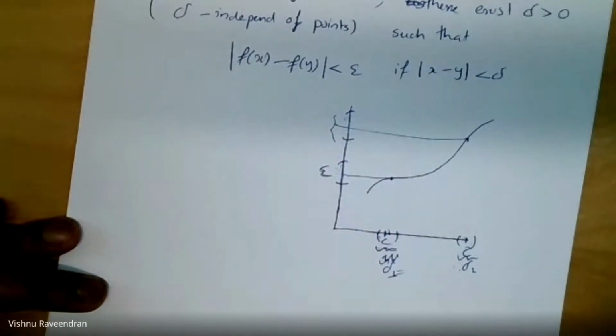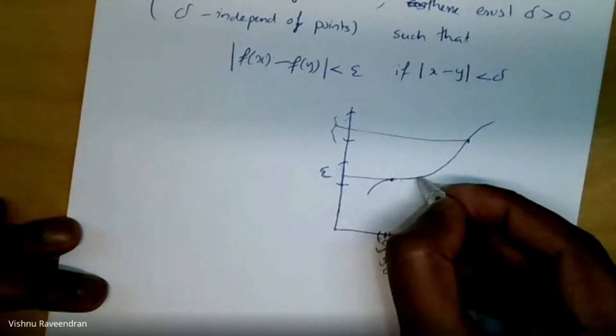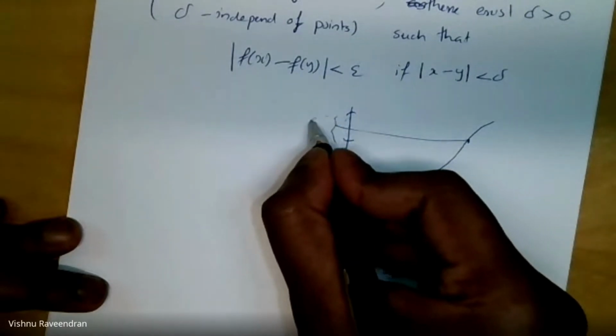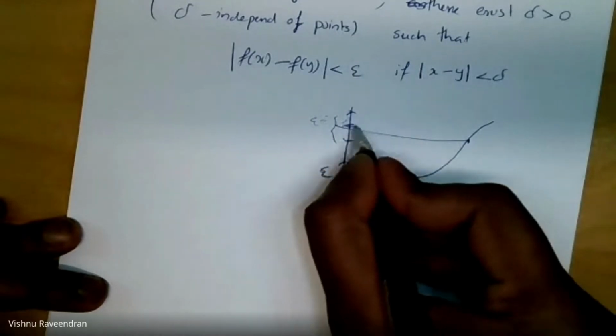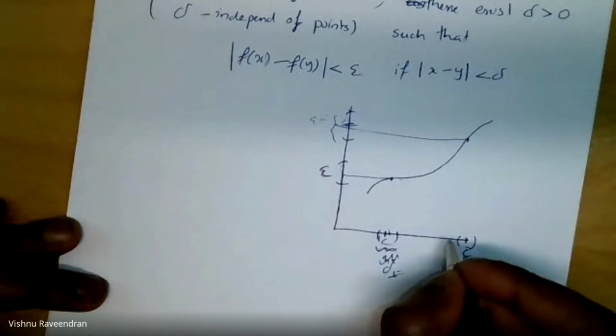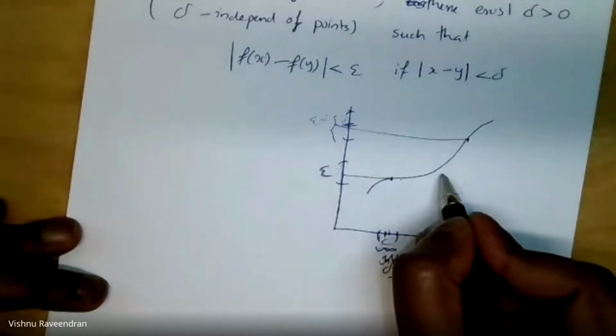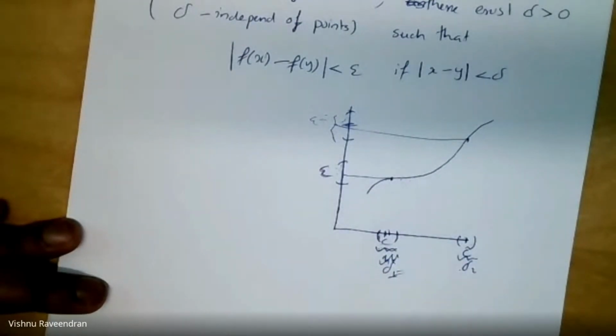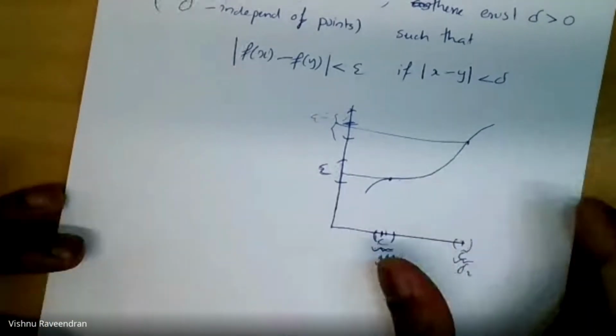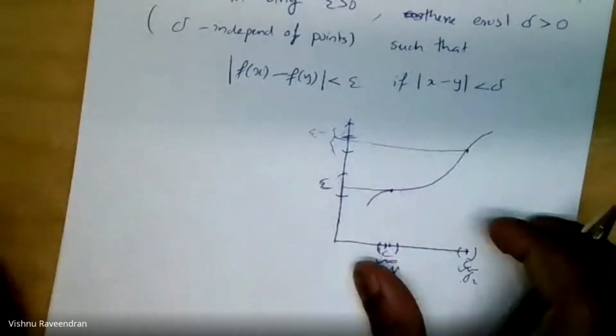But what uniform continuity says is that if you choose any point and fix an epsilon greater than 0, and consider an epsilon neighborhood around that point, you can always find the same delta, independent of that point, satisfying the continuity condition. So this is just a basic idea of uniform continuity.